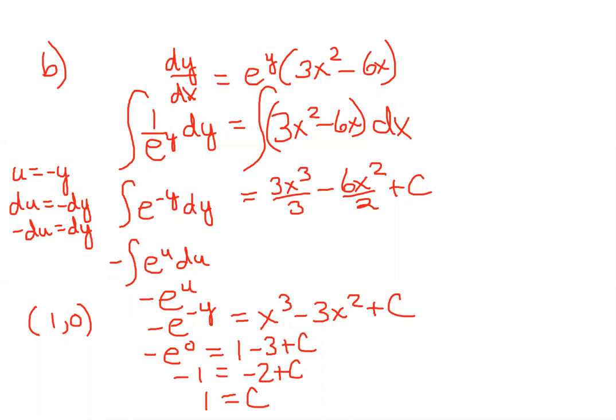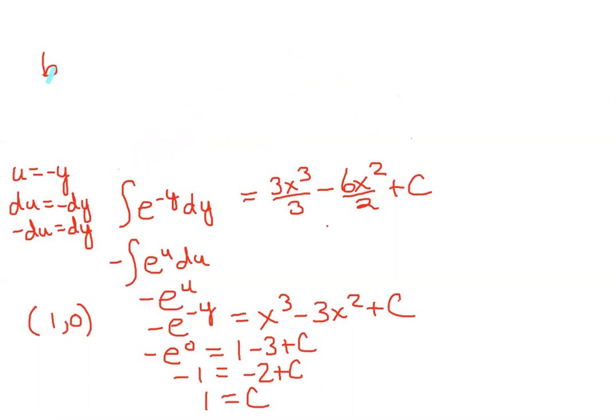I'm going to erase some things up here. So now I have negative e to the negative y equals x cubed minus 3x squared plus 1. And I have to solve for y.